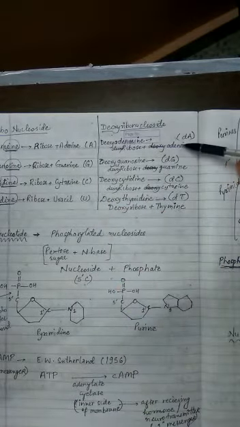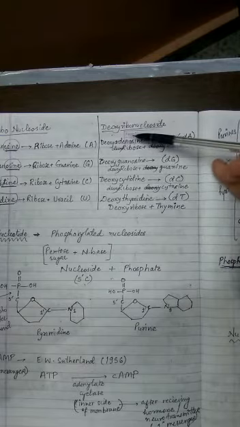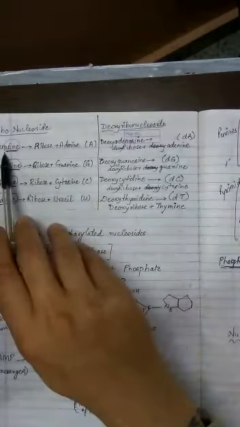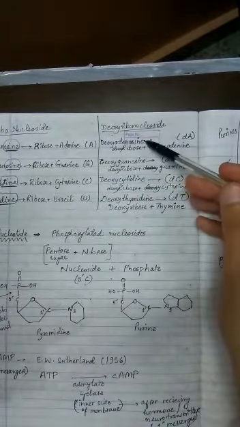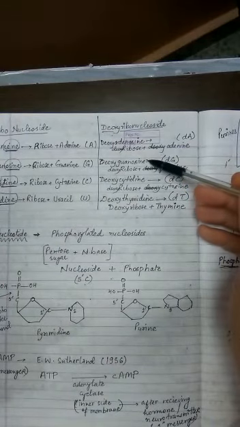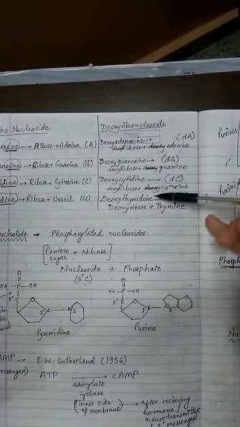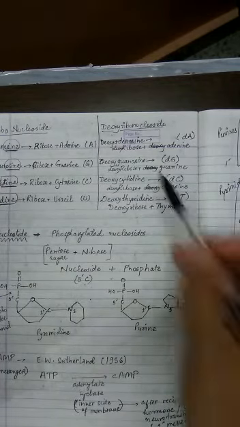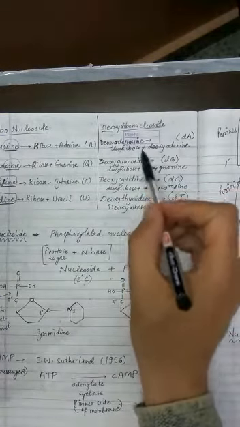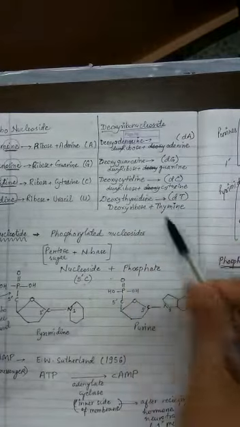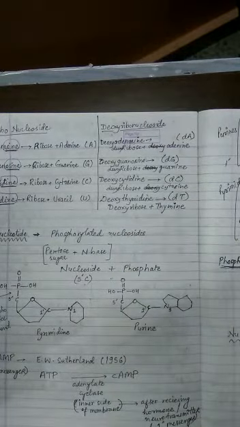So now the nomenclature will be what? Deoxyadenosine. Here it was adenosine, now it is called deoxyadenosine. Similarly, deoxyguanosine, deoxycytidine, deoxythymidine or thymidine. So please remember, osine and idine, these are the endings which have to follow the names. I hope this is clear.